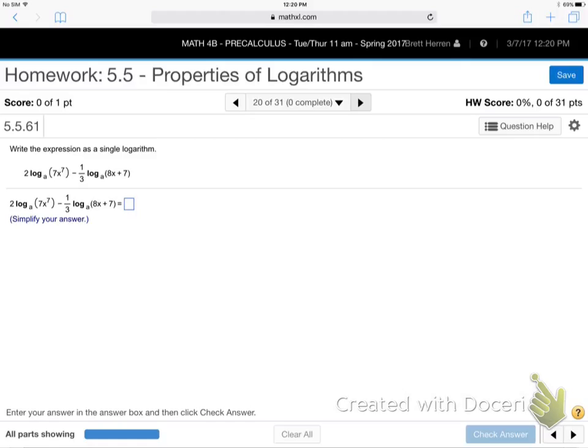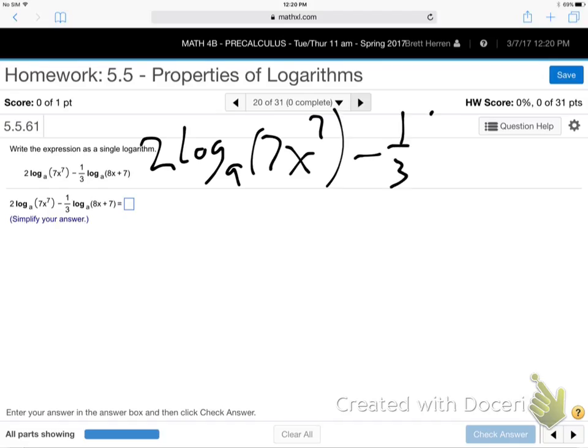All right. Let's try that one. I guess we'll do one more. 2 log base a of 7x to the 7 minus 1/3 log base a of 8x plus 7.